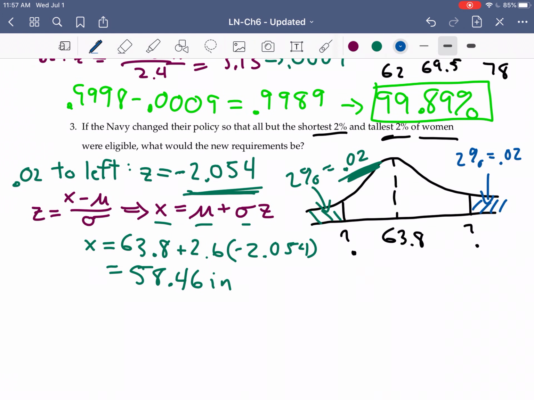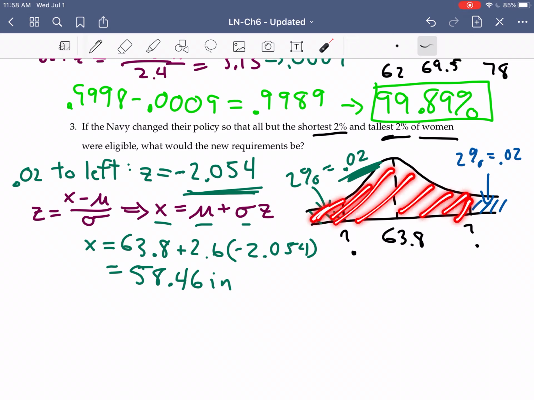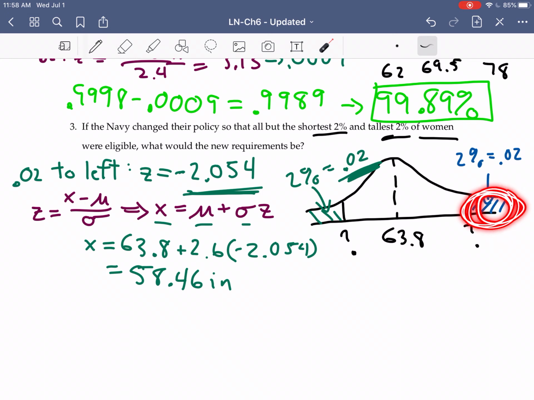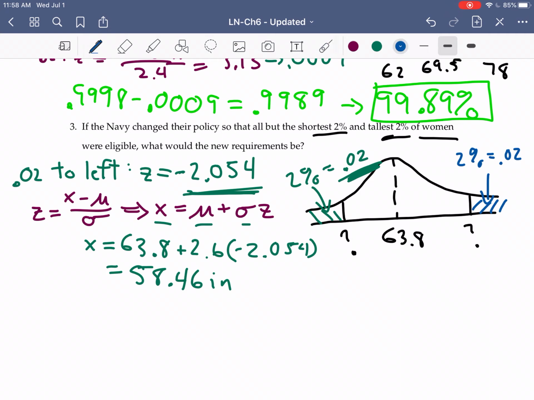On the upper end, we see that there's 2% here to the right of the value that we want. StatDisk asks us to input the area to the left of the value that we want. So if we know 2% is to the right, then 98% is to the left. So in StatDisk, we observe that there is 0.98 to the left of the value that we want.